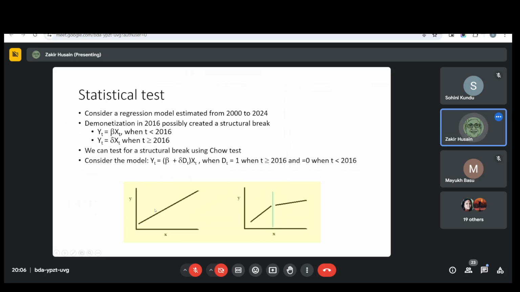In other words, if there's no structural break, beta and delta are more or less the same, then this would be the regression line. But if there's a structural break, then the slope of the regression line is going to change. Actually, it can be the intercept only. So what you have is a shift like this.